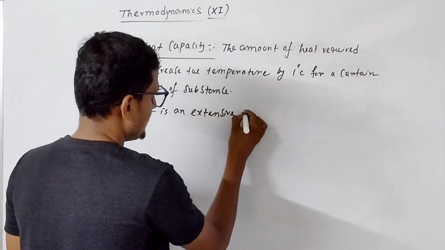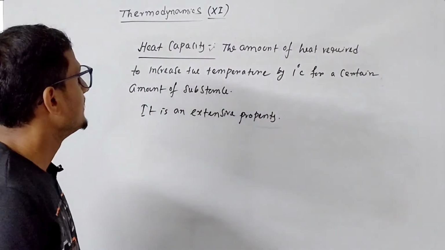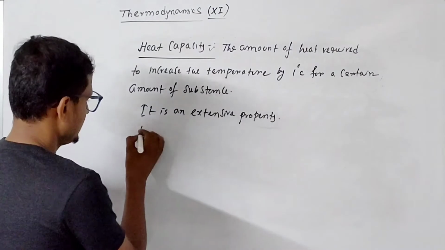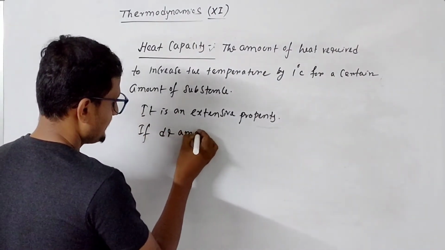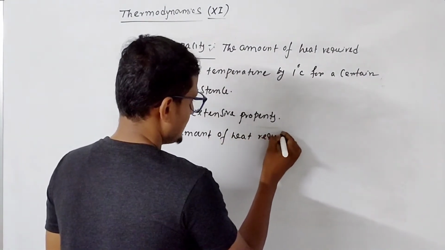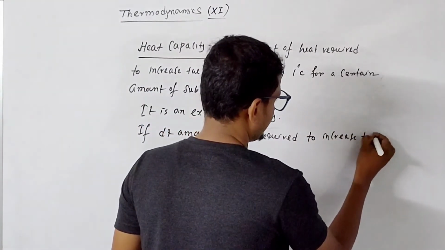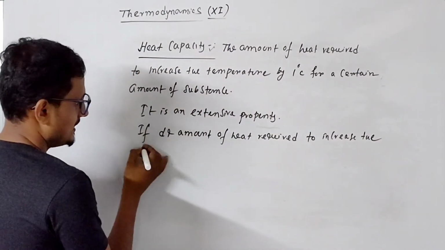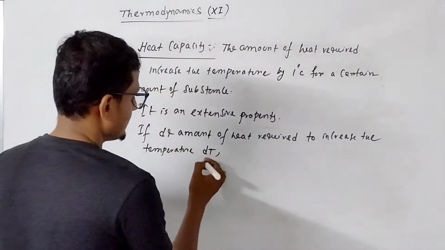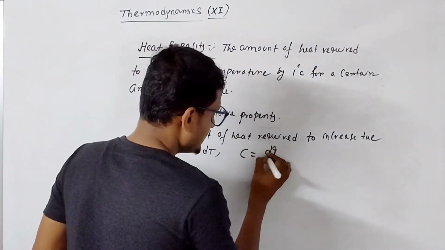It is an extensive property, very important, and it is denoted by C. If dQ, a very small amount of heat, is required to increase the temperature by dT, then C, which is the heat capacity, equals dQ by dT.